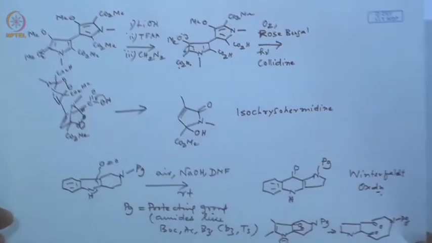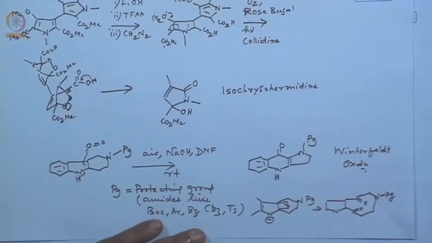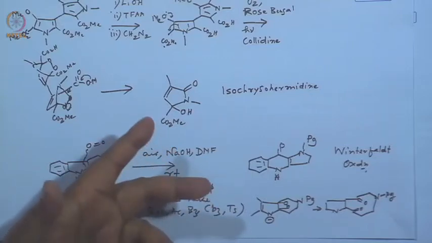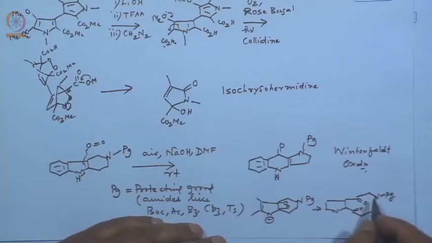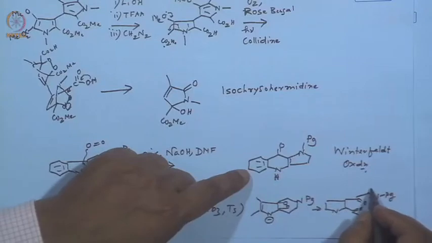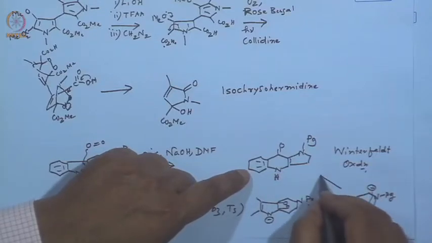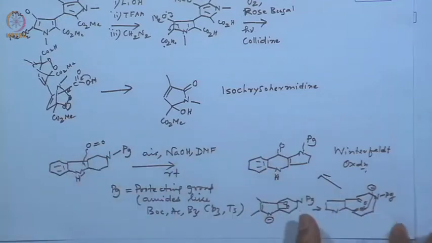So, what next? You can guess now. Just intramolecular aldol type of reactions. Since we know the product, we know it forms the carbanion up here, it would undergo aldol type reaction, and you get this. So, this Winterfeldt oxidation is also quite prevalent in heterocyclic chemistry.